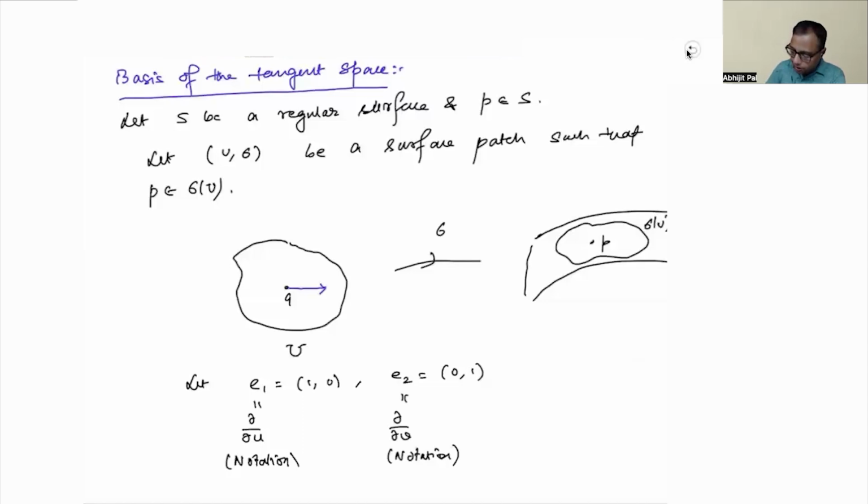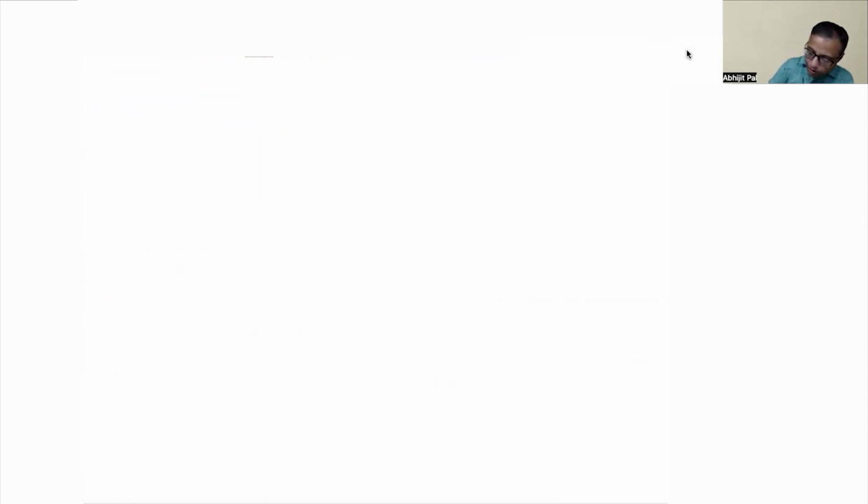Okay, and now let alpha 1 of t be equal to (t, 0) plus the point q.